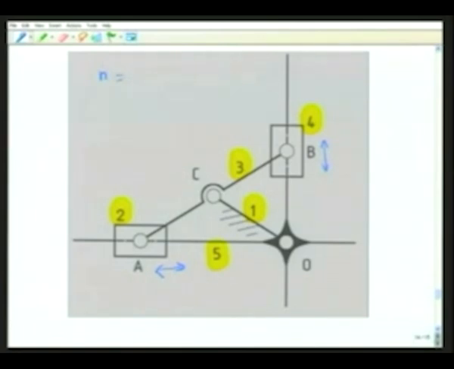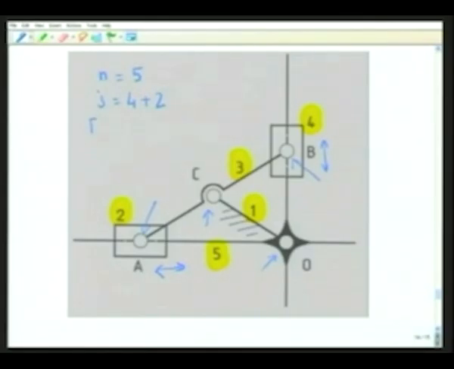So thus we have n equal to 5. We have 4 revolute pairs, namely here, here, here and here. So J is 4 revolute pairs plus 2 prismatic pairs, that is 6.